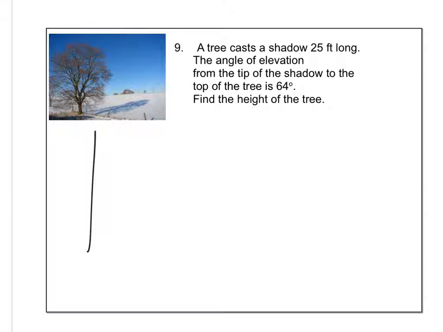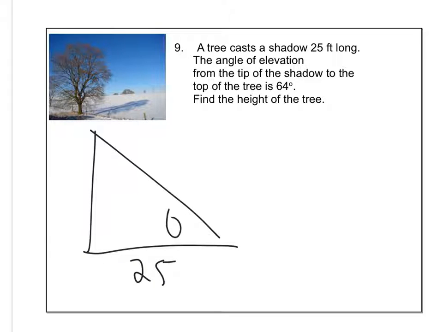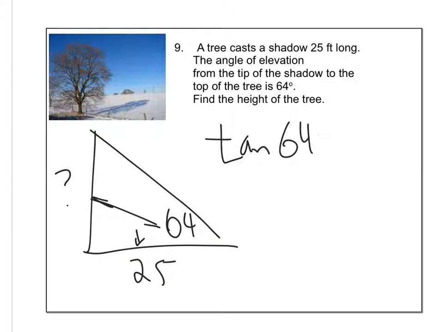So if a tree casts a shadow 25 feet long, and the angle of elevation is 64, figure out the height of the tree. So a little trig here, so that's opposite, that's adjacent. So I want tangent of 64 is equal to x over 25. So tangent of 64, throw that in a calculator.